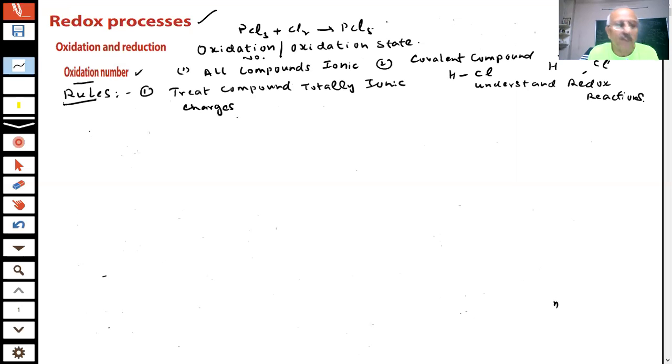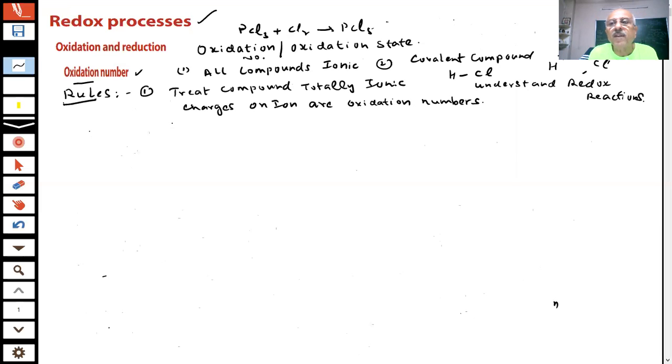Yes or no? If something is ionic, students, there will be a charge on the ion. The charges on the ion are the oxidation number of that element.